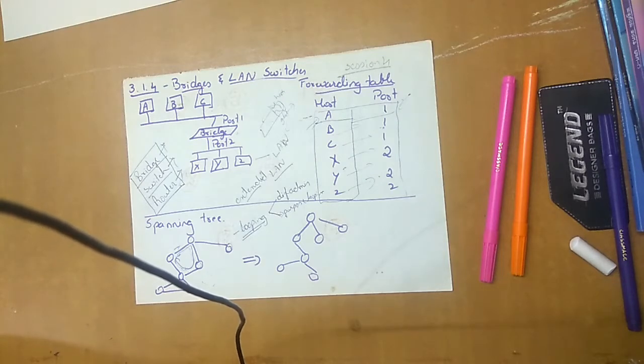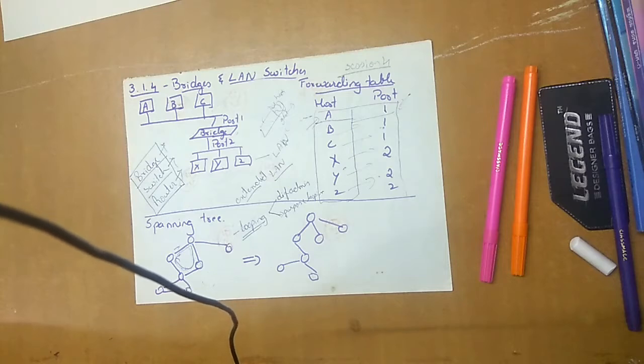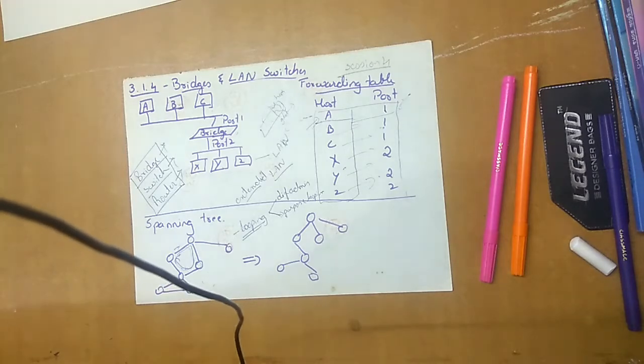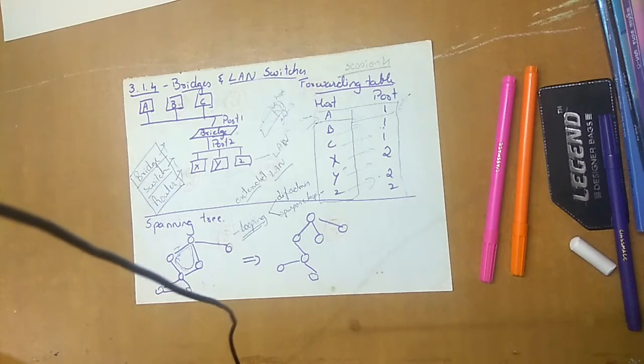We have to build a network in such a way that there should not be any cycle, without any looping we have to construct a network. So the solution they came up with is a spanning tree. The spanning tree we will study in ADA also.